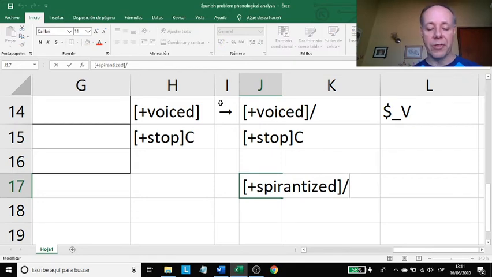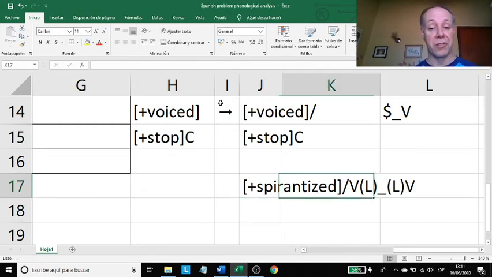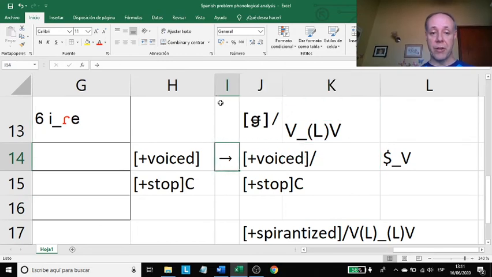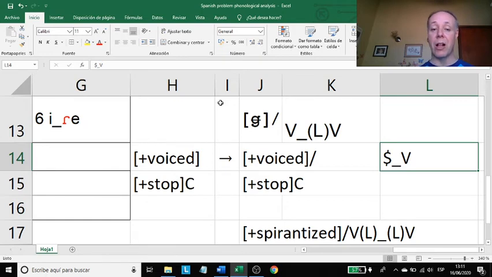They become softer between vowels, but there is a possibility that there is a liquid sound here and another liquid sound here, and then the vowel. Depends. Yes? But this general rule: voiced stop consonants become spirantized in intervocalic position with optional liquids, or remain the same in syllable initial position before a vowel.